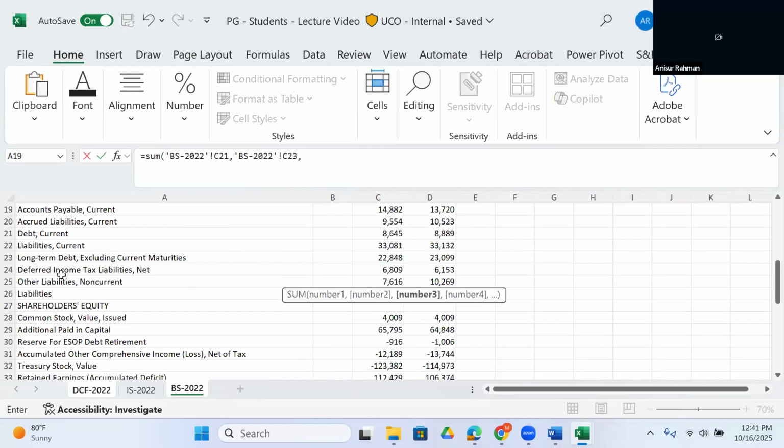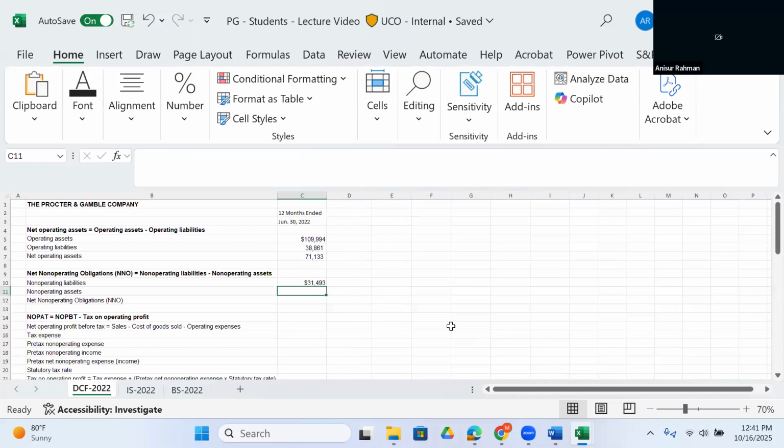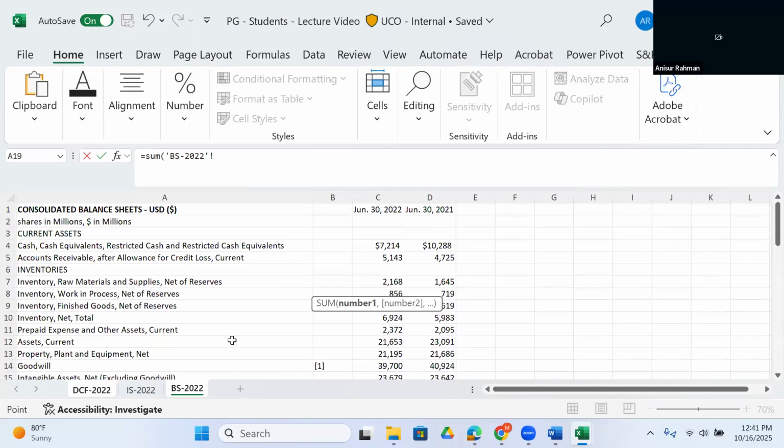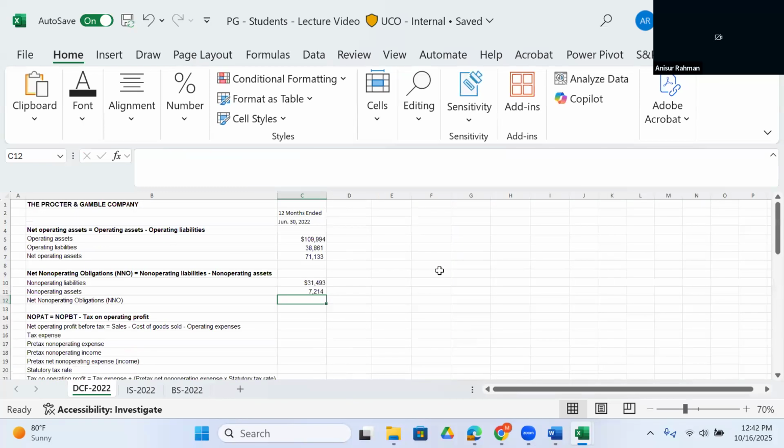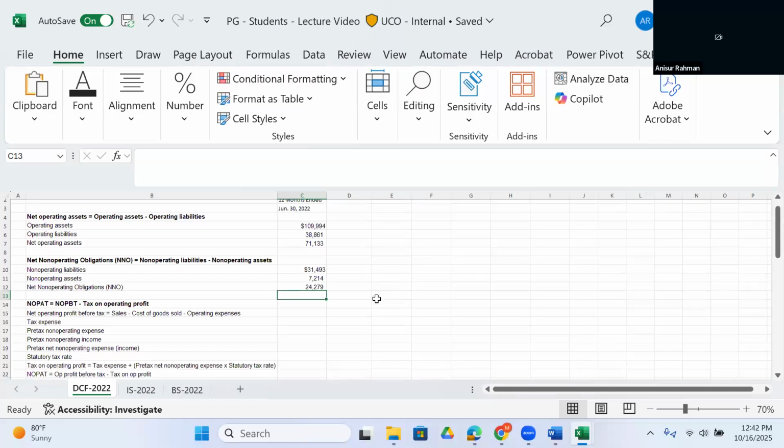Yes. So that's it. And then non-operating assets. So sum, I'll go to balance sheet again. Assets. So cash. That was the only one we left out previously for operating. So that is our net non-operating obligations.